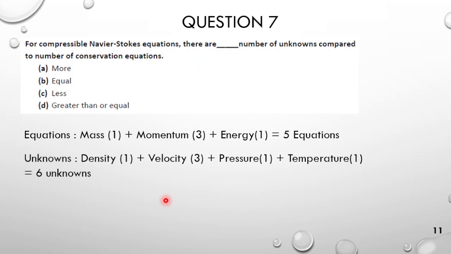So if you see only the Navier-Stokes equation, then definitely there are more unknowns than conservation equations. This is just a partial picture. This is a little bit of a tricky question, because this cannot be a physical reality; you can never get a solution if this is the case.